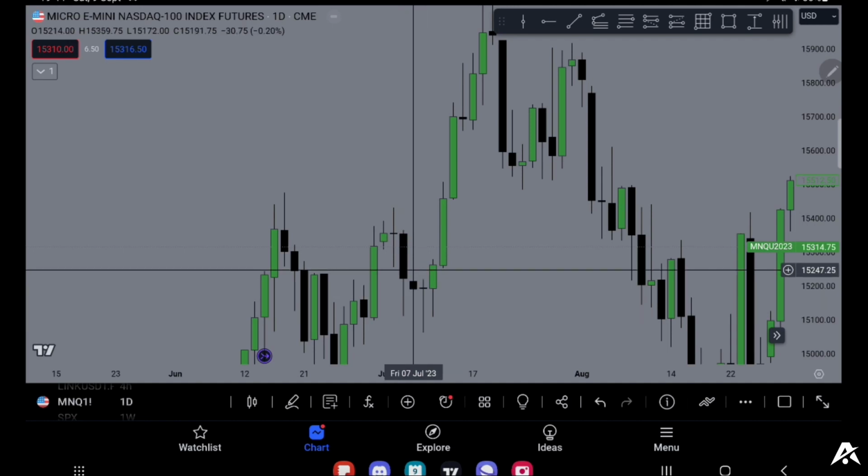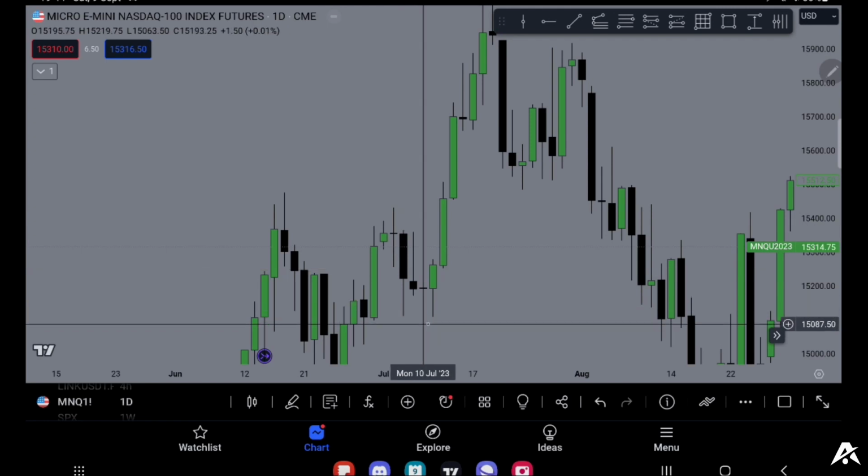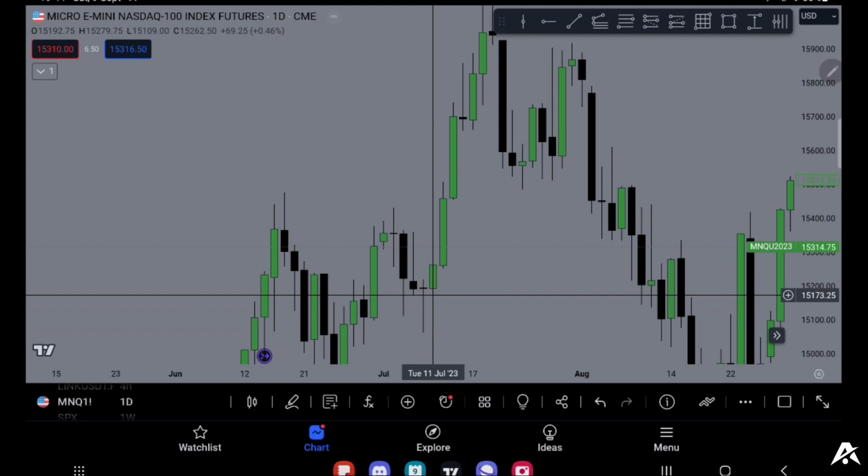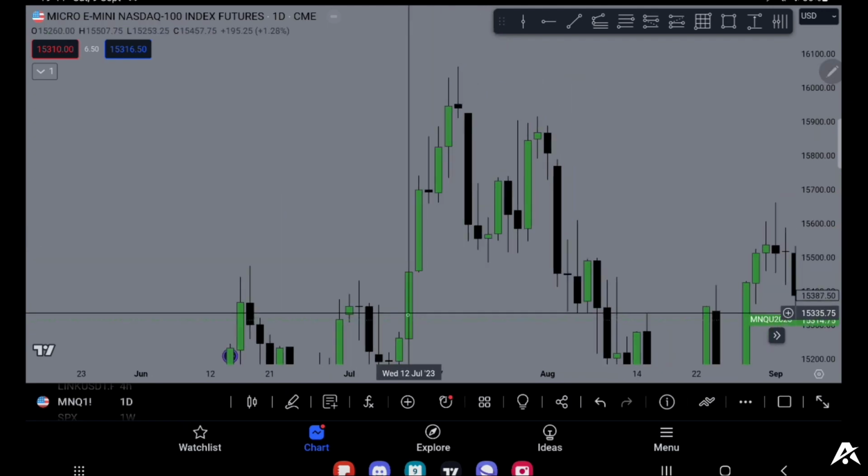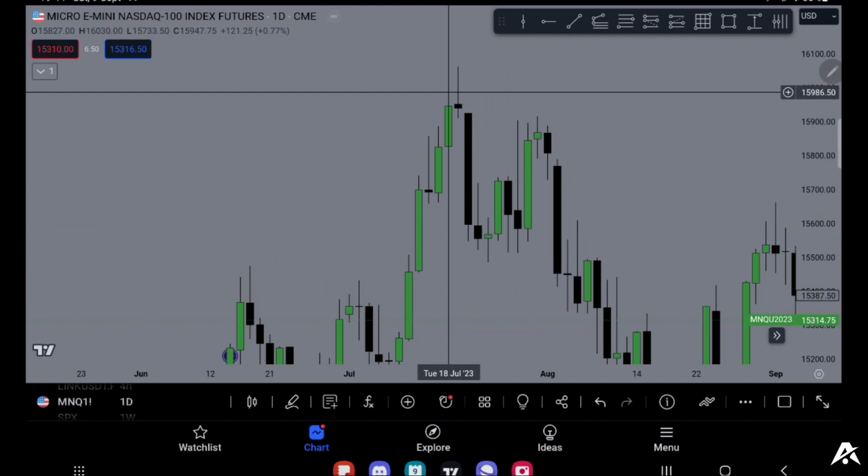And the institution knows that, because the algorithm knows where the majority of people have put their stop losses. It takes those stop losses, the institution's orders are filled at that point, and it just starts going up.